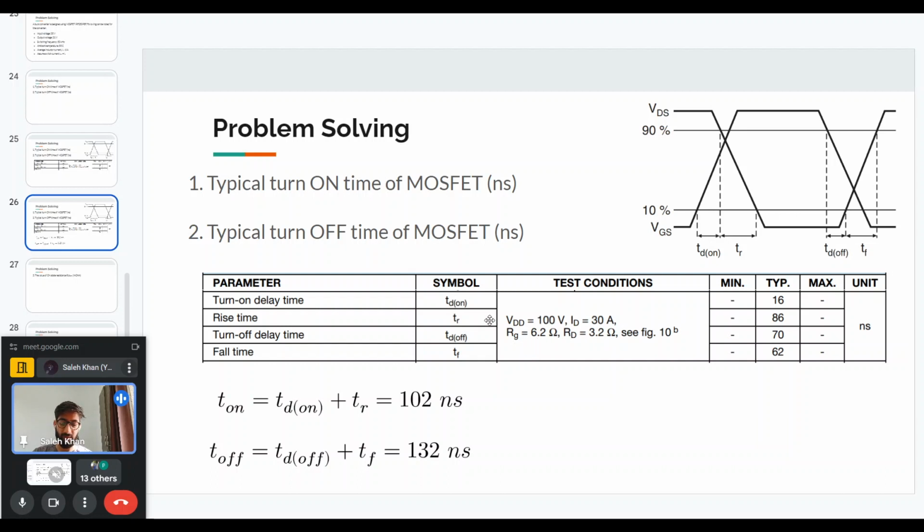But in the condition given in this question, the input voltage is only 35 volts and the inductor or switch current is only 6 amperes. If we change these conditions, the times will also change. So that is something to keep in mind for practical usage.